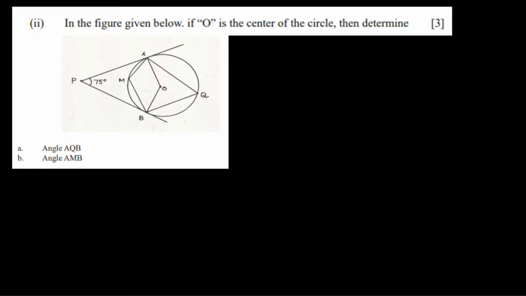The next question is from circles and tangents and intersecting chords. Most of the time it will be a combined question only. Whenever we are attempting a geometry question, first of all we write what is given and what we have to find.